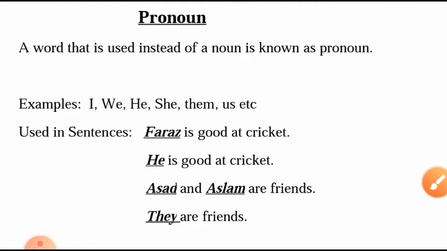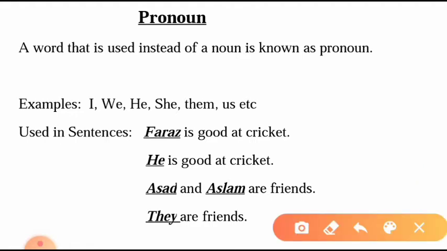You can see Faraz is good at cricket. Now Faraz, this is the noun. What you need to do is convert the noun into pronoun. How can you do this? You can see the example: He is good at cricket.